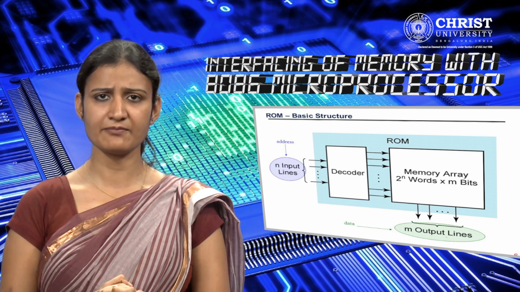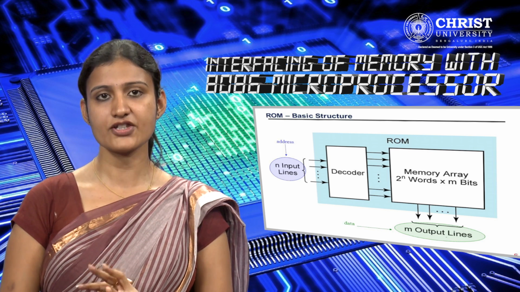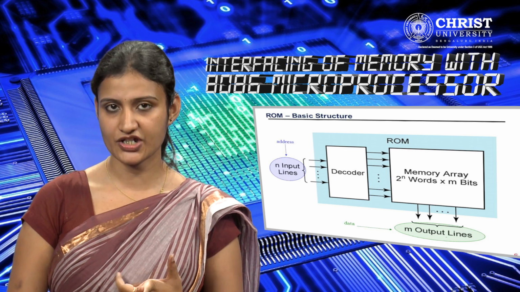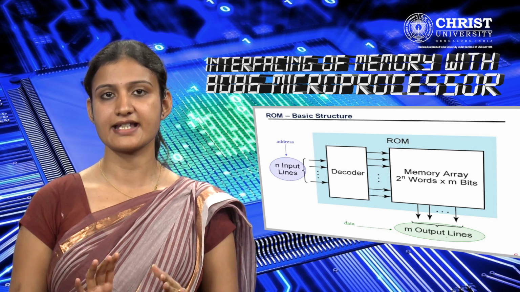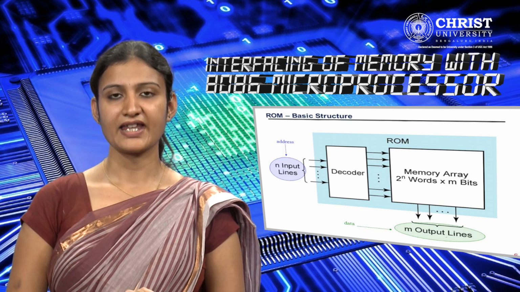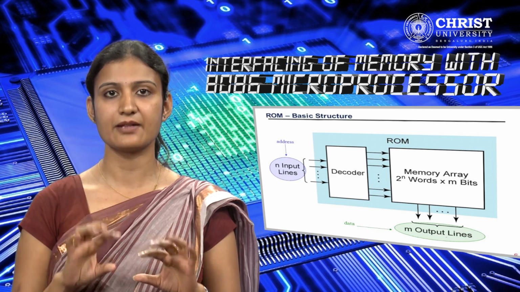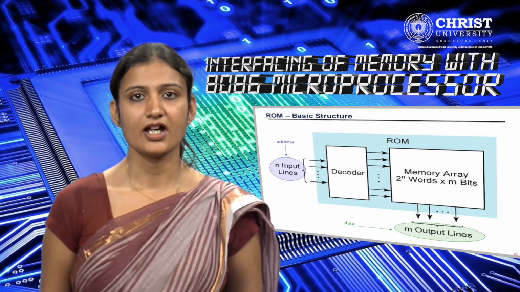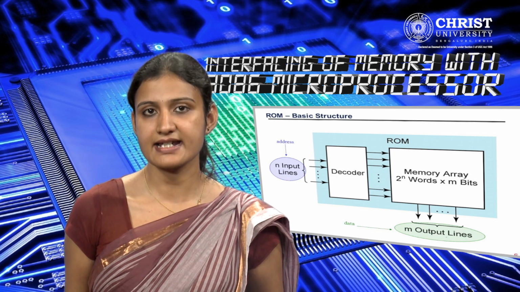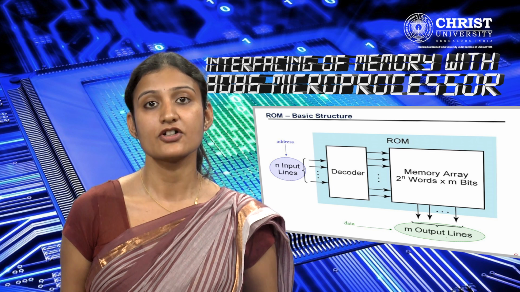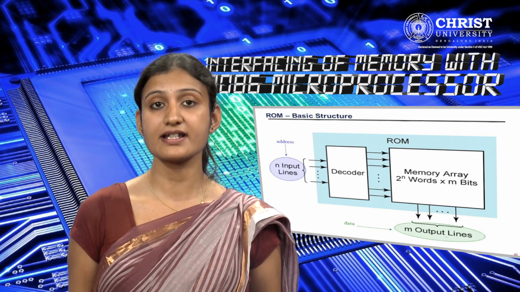As an example, 4K cross 8 or 4 KB memory contains 4096 locations, where each location contains 8 bits of data, and only one of the 4096 can be selected at a time. Once a location is selected, all the contents can be accessed with the help of a group of conductors called the data bus.